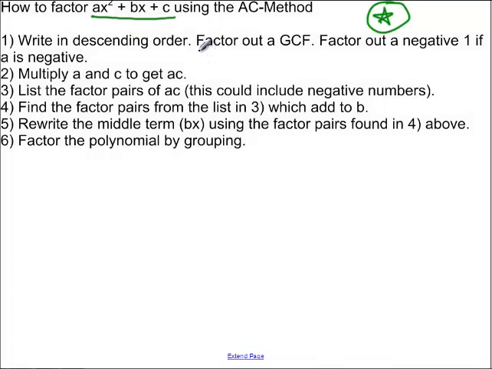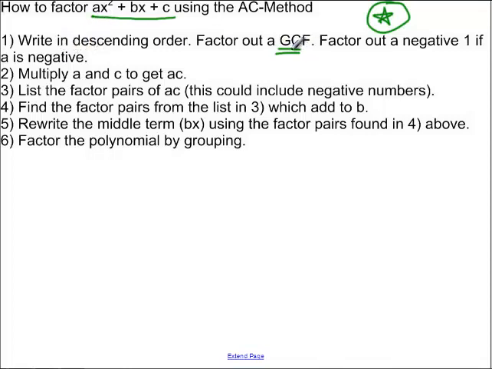Okay, step number 1A, I guess, or part of making our life easier as well, is factor out a greatest common factor. If we factor out a greatest common factor from ax squared and bx and c, then a and b and c become smaller numbers that are easier to work with. If we do, please note that the greatest common factor is part of the factorization. So that should always be written down here, and then here, and then here if we're factoring down.